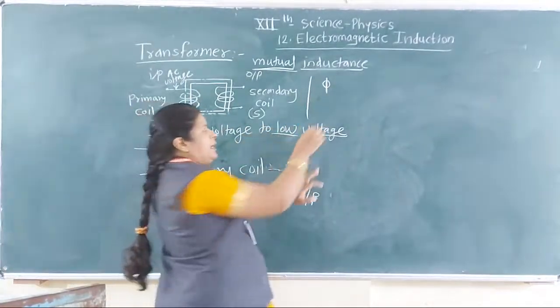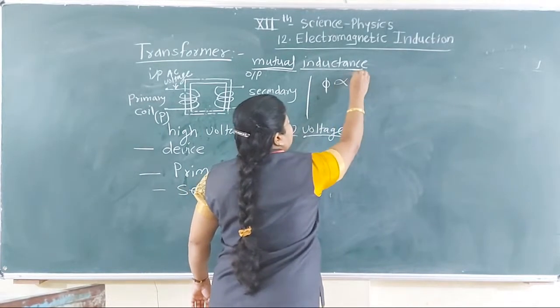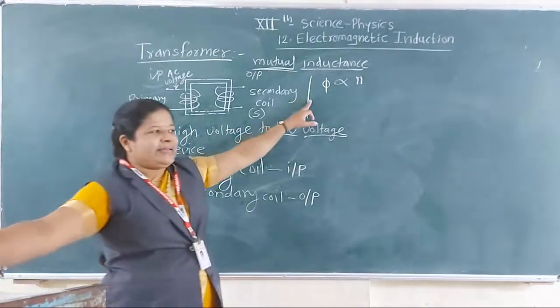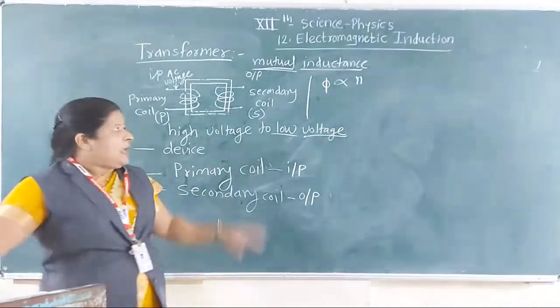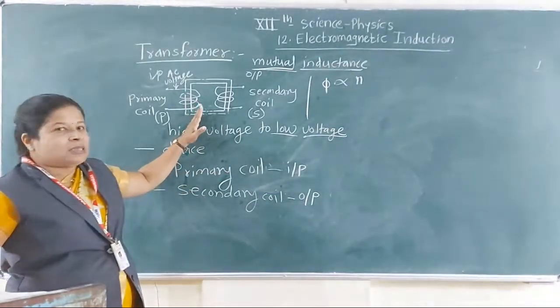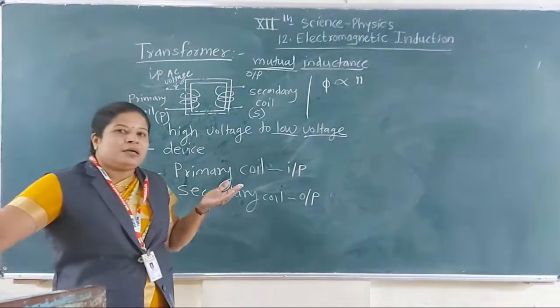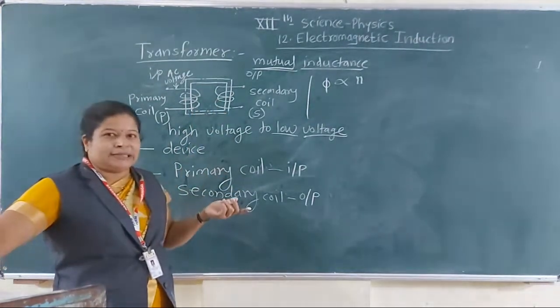Magnetic flux is directly proportional to the number of turns of the coil. So phi is directly proportional to N. As the number of turns of the coil increases, the magnetic flux of the transformer or of these two coils also changes.